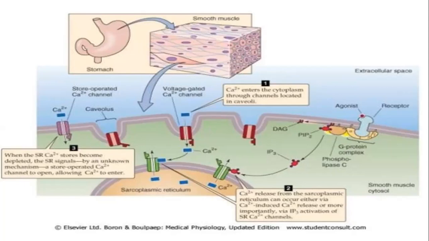This produces sustained contraction with little expenditure of energy, which is especially important in vascular smooth muscle. Relaxation of the muscle presumably occurs when the calcium calmodulin complex finally dissociates, or when some other mechanisms come into play. So what happens?